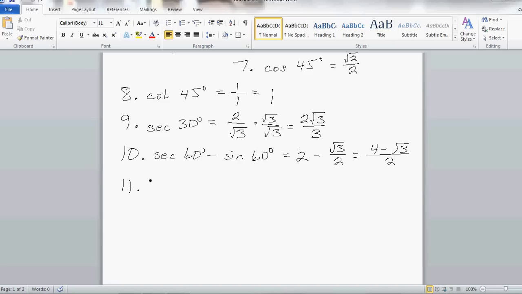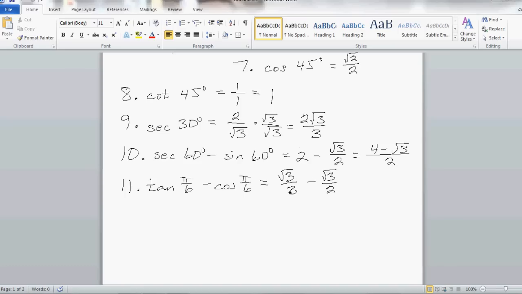Number 11, the tangent of pi over 6 minus the cosine of pi over 6. Both of these come directly from our table. So the tangent of pi over 6 is root 3 over 3, and the cosine of pi over 6 is root 3 over 2.